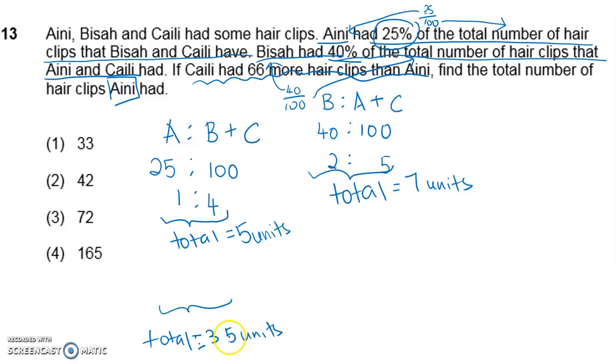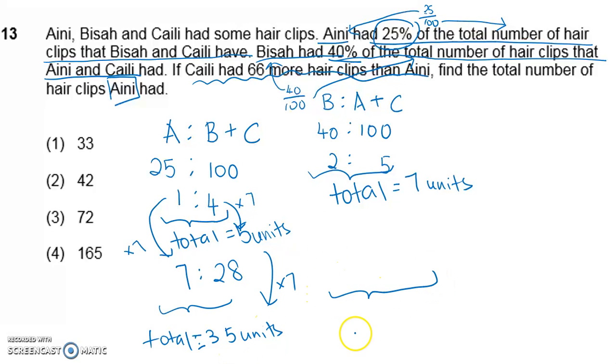From 5, I times 7, I get 35. So if I times 7, this one, that means for this, I also must times 7. 1 times 7, 7. This 5 is also times 7. 4 times 7, 28. Check. Let's check. Is this total 35? 7 plus 28. Yes, it is 35.